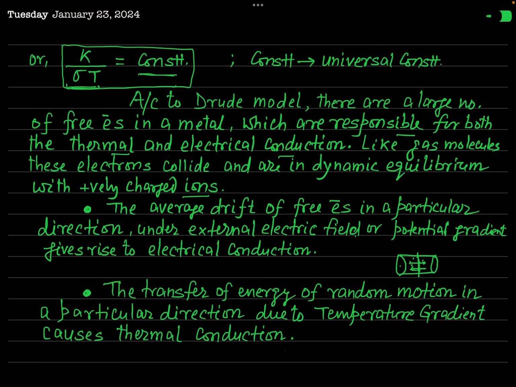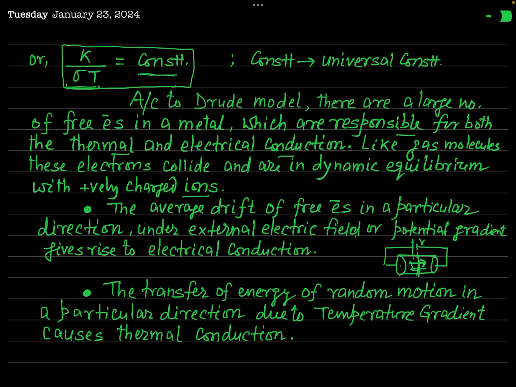In other words, an equal number of free electrons pass through this section from left to right and from right to left. So the net flow of charge through this section is 0, and so no electric current is produced. But when you connect the two ends of this specimen by a voltage source, in other words, when we set up a potential difference or potential gradient across this specimen, then an electric field is produced inside the metal.